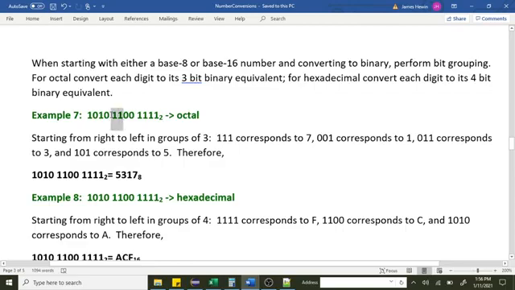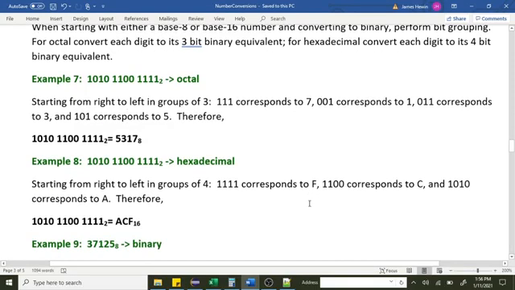The next grouping is going to be 011, which corresponds to 3, and that just leaves me with 1, 0, 1, which corresponds to 5. So this number, 1, 0, 1, 0, 1, 1, 0, 0, 1, 1, 1, 1, corresponds to 5, 3, 1, 7.